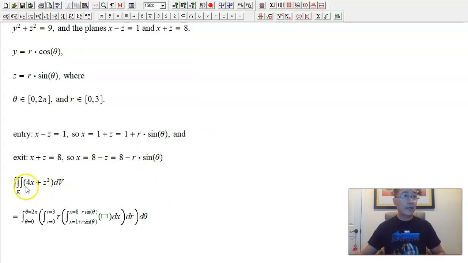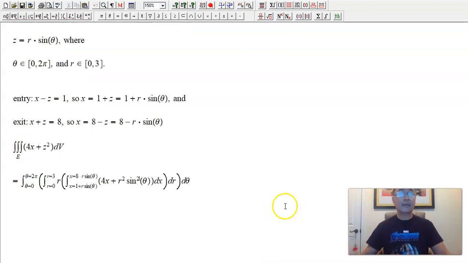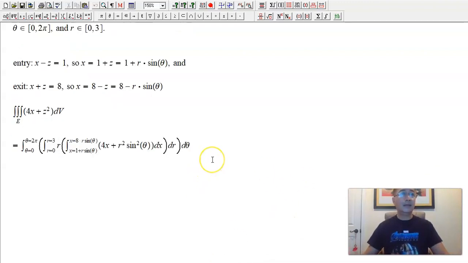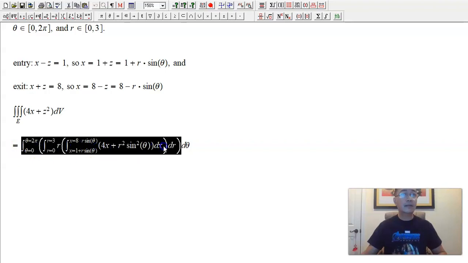So 4x does not change. I can copy this whole thing over here. But the z squared, z is r sine theta, so z squared is r squared sine squared theta. There you go. That's our setup. And once that's set up, it's basically on autopilot. Shall we find the answer?